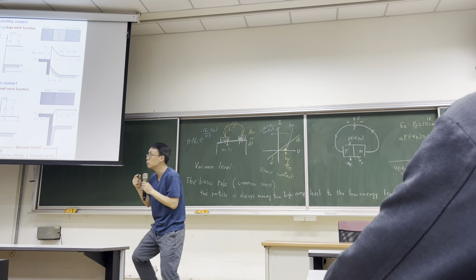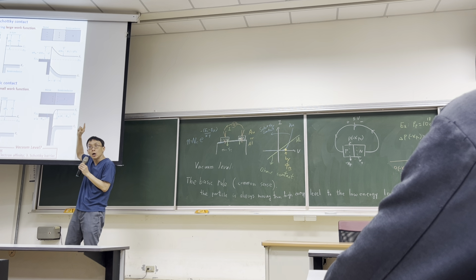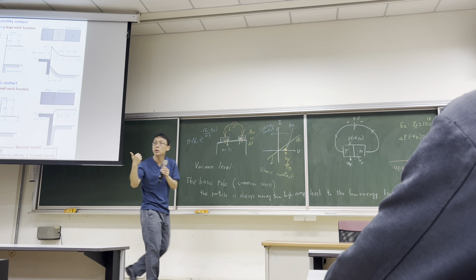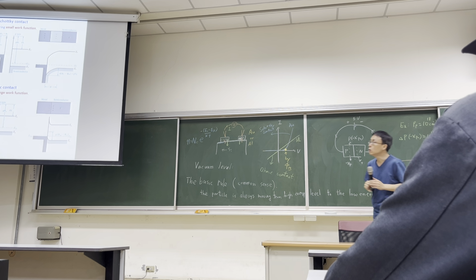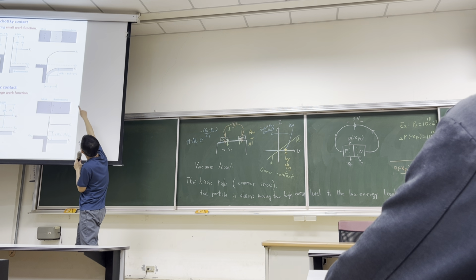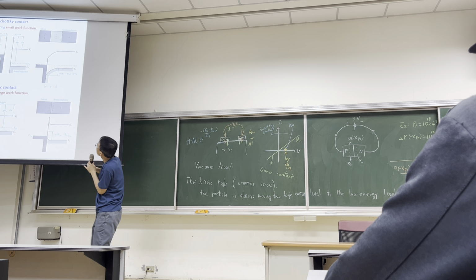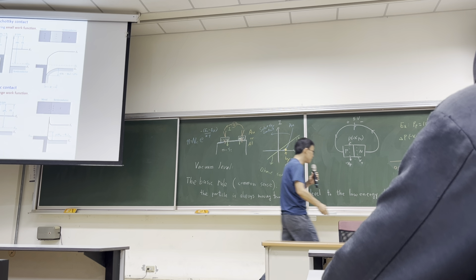So you got to know how to calculate the Schottky barrier for N-type, which is easier. Also, you need to know the Schottky barrier for P-type. So what's the Schottky barrier for the P-type? It's not said in the textbook, but I give you the answer in my handwritten class notes.